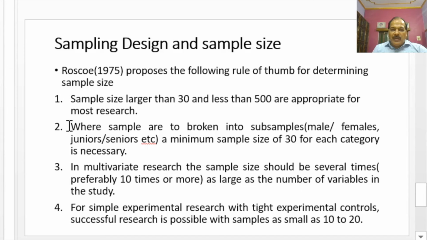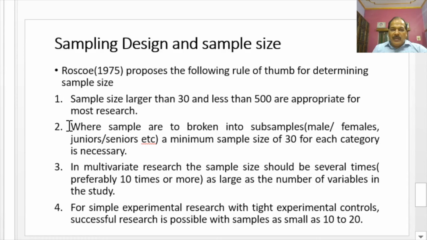It means that if we are going for different levels of comparative study and have a large number of subcategories within a sample, we should go for a minimum sample of 30 for each category, because if we do not follow this advice, our result will not reach the expected line.